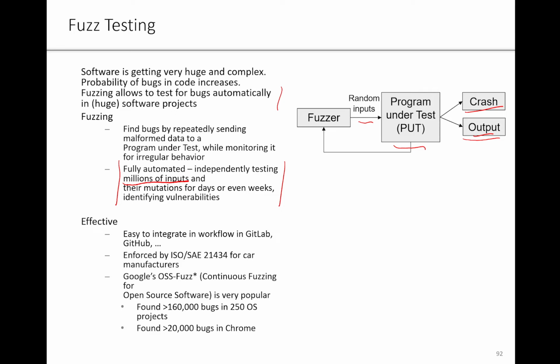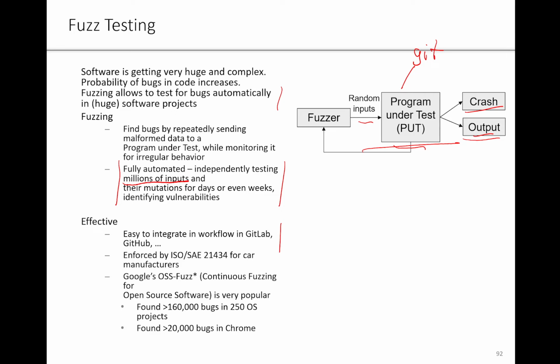Yes, and the idea is, okay, you have this program and a test. This might be located in some Git. And this fuzzer is then also integrated in Git. It interacts with it, it runs the code, and it sends it input. If there's an output, you send a new input.